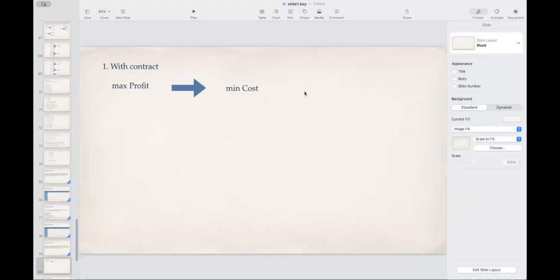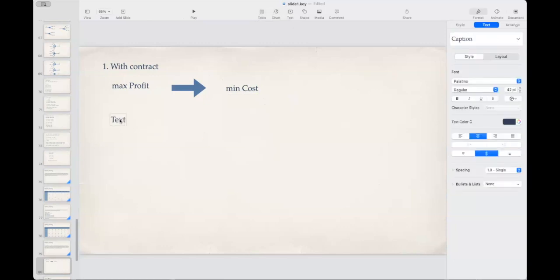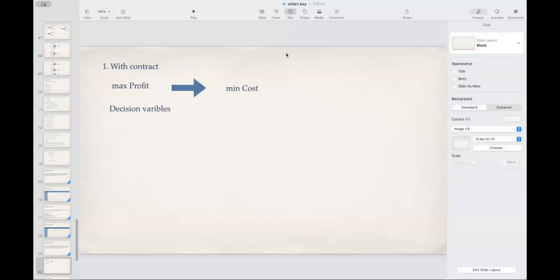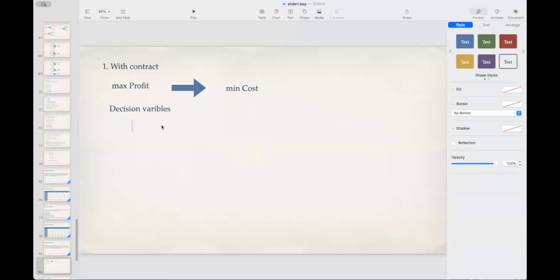Now we look at our decision variable. What is the decision variable? We need the production.